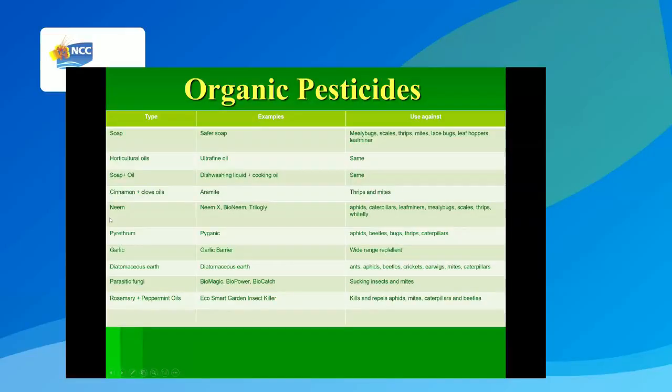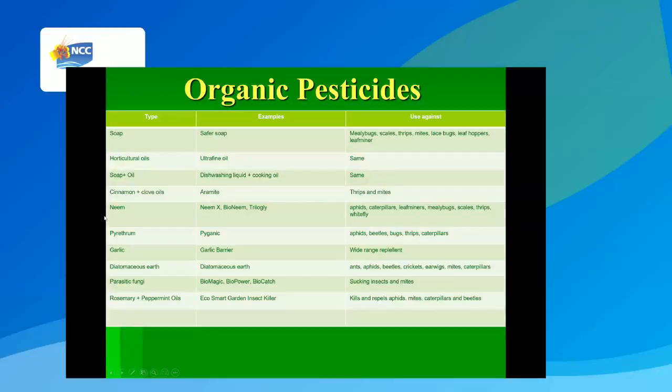Then there are extracts from the neem tree. A lot of you may know about the neem tree. And you can get over-the-counter preparations of the neem under the names of Neemex, BioNeem, or even Trilogy. And again, they control a wide range of soft-bodied insects and also caterpillars as well.